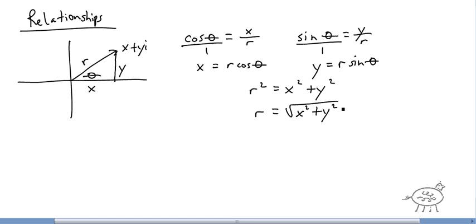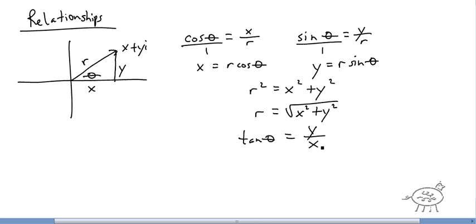It is plus or minus, but we don't have to worry about the minus because the radius is going to be positive. Then we have tangent of theta, and we all know that's our friendly favorite animal, the ox: y over x. That's a key formula too.